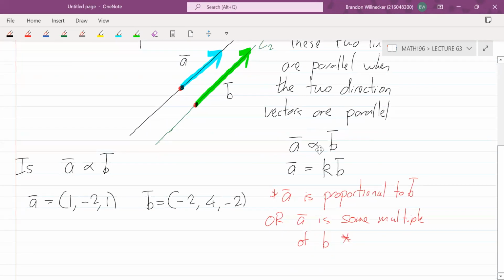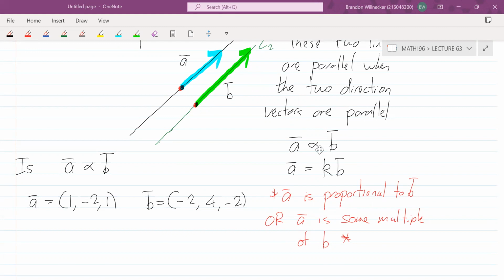We can see that, yes, there is a constant multiple difference between the two. If we take A and multiply it by -2, then we get B. Or in other words, if we take B and divide it by -2, we get A. You can look at it either way.